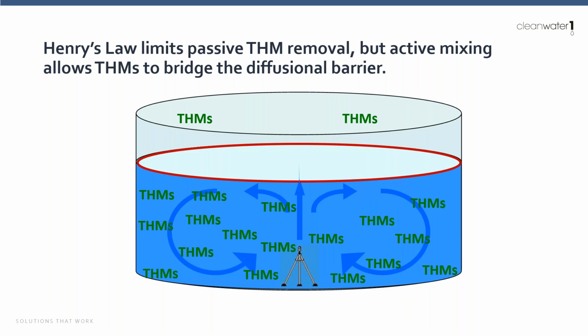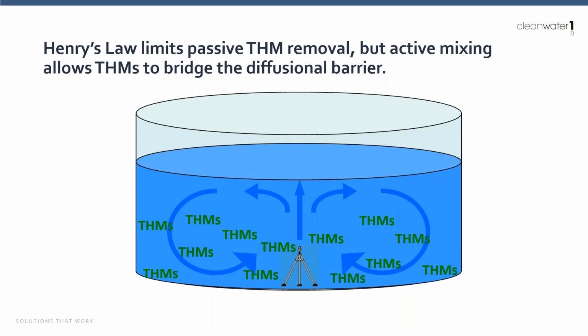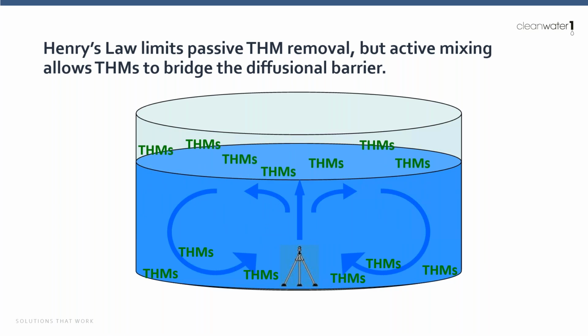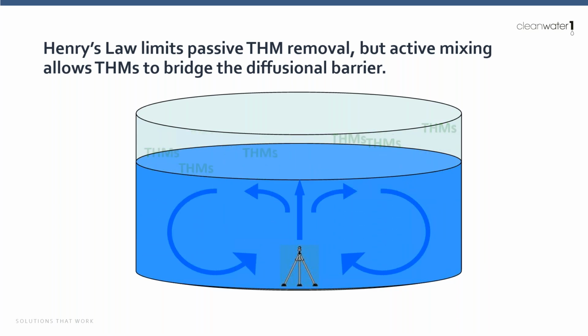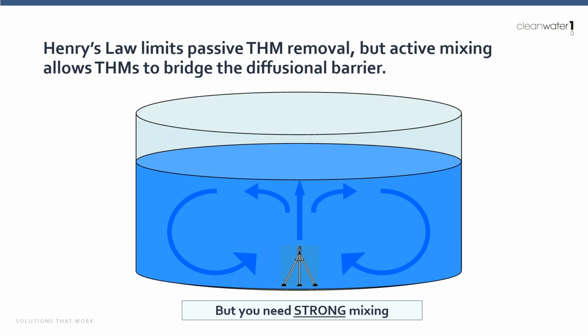So if you go and actually measure it, your THMs are going to be a little bit lower at that kind of trapped layer of water at the top. So the first thing we need to do to set up a tank for blowing off THMs is mix it. We need to get rid of that diffusional barrier, start introducing a higher concentration of THMs up to that air-water interface. The key here is strong mixing. You need to refresh that air-water interface at regular intervals to get good removal rates.